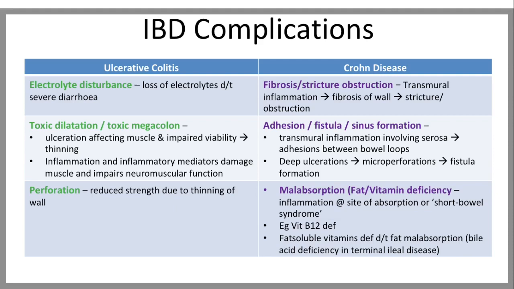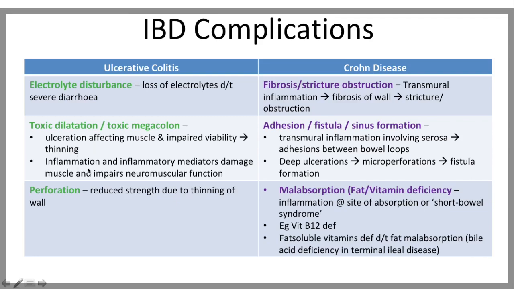Some of the complications are seen more commonly in one or the other. So in ulcerative colitis, the common complications include electrolyte disturbance, and this is because there is loss of electrolytes due to severe diarrhea. They can also have toxic dilatation or toxic megacolon, and this can happen because the ulceration can affect the muscle and impair viability and cause thinning.